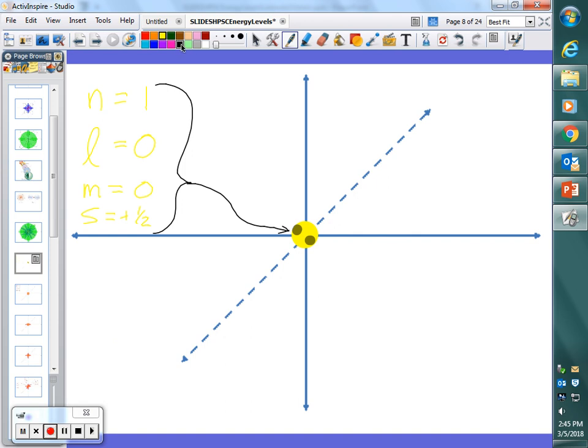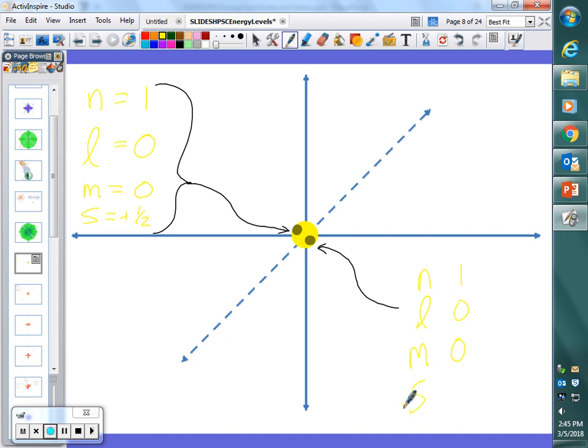So if we're talking about this electron, it's still in the first energy level. It's still in a spherical orbital. There's still only one spherical orbital, but now we have to distinguish that electron from the other electron.